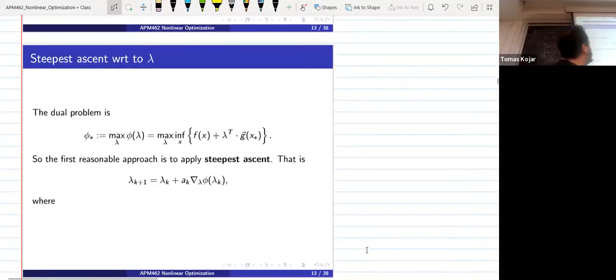Now the step changes by one little thing. Can anybody tell me what's the change from steepest descent? Yeah, perfect. So all the theory is the same up to a minus sign. So we can use all our results from before.